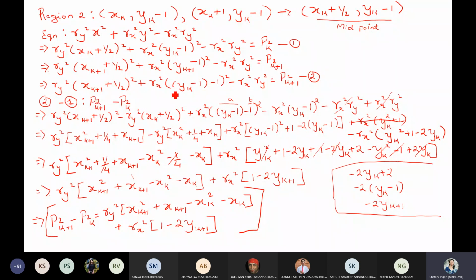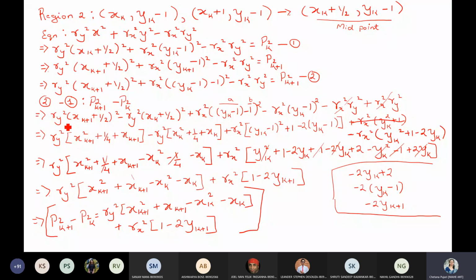And in the next equation, because we know that in every iteration your yk is decremented, you can rewrite the equation by substituting yk plus 1 by yk minus 1. Then we get our second equation for P2 of k plus 1. Next, you perform the subtraction P2k plus 1 minus P2k.